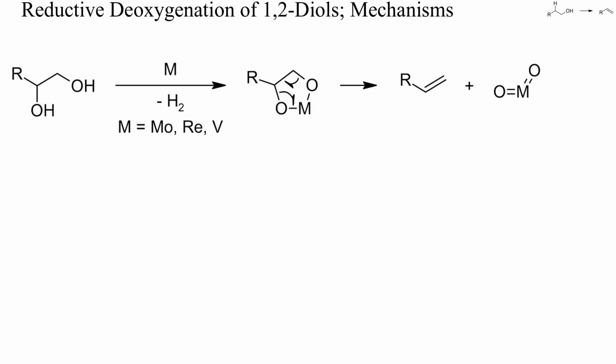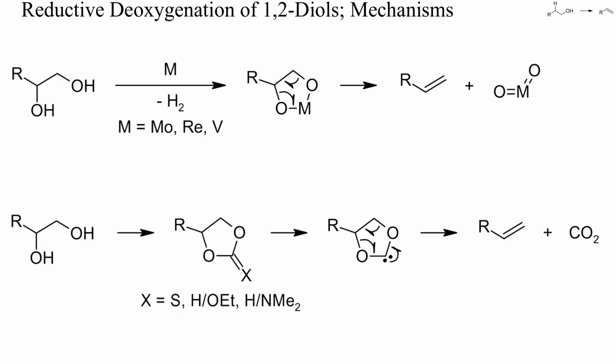Like 1,2-dihalides, it is also possible to reduce 1,2-diols to olefins. This can be achieved with molybdenum, rhenium or vanadium complexes. Alternatively, diols can first be converted into cyclic thiocarbonates, carbonates or acetals.